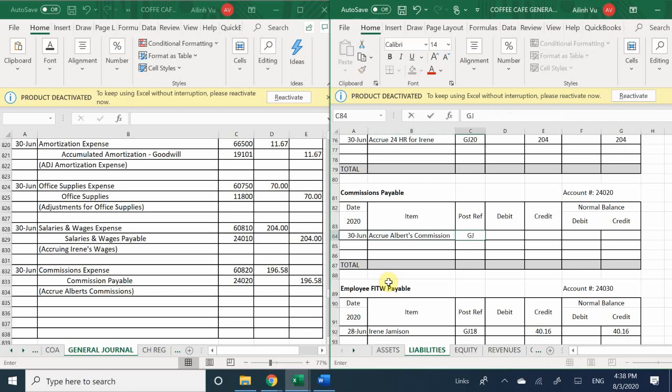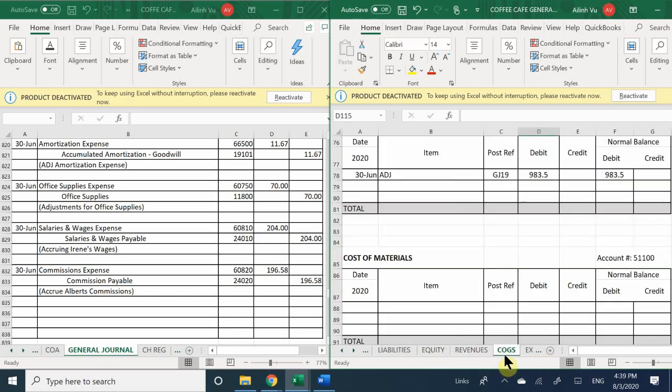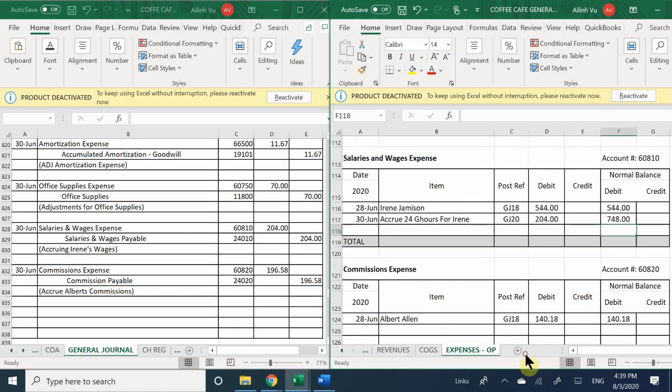Commissions expense is 196.58. Cost of goods sold, where am I? 18.